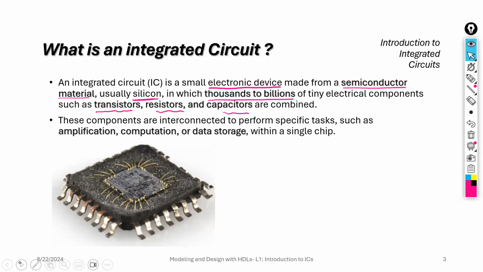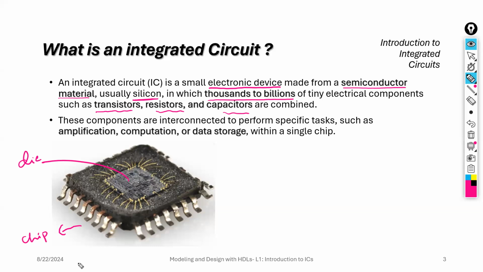This is an open top. On top of it there is a coverage, but inside of it there is a die. Once it is packaged with this die, this is called a chip.